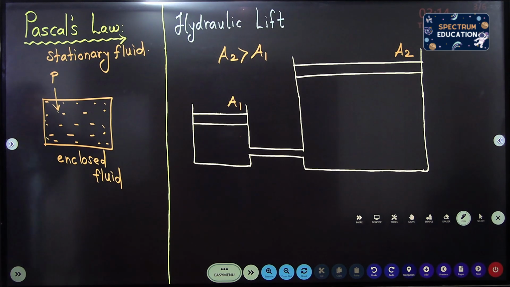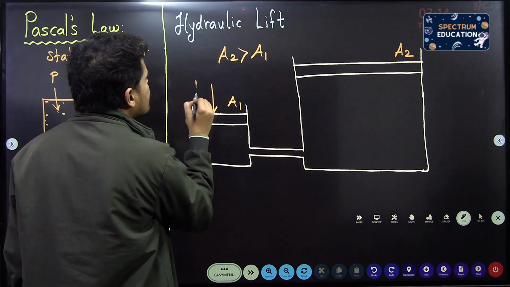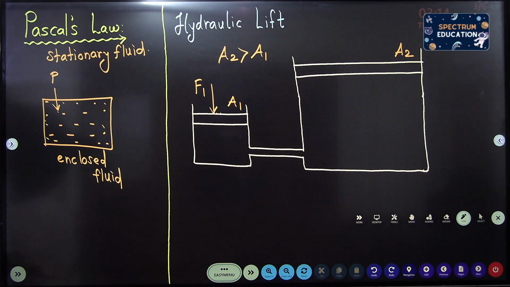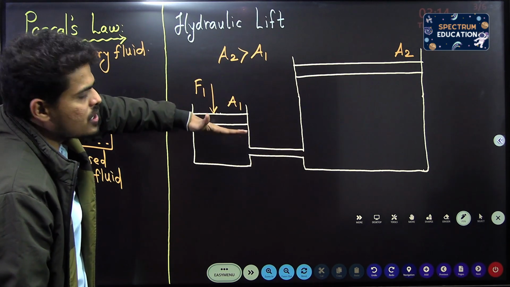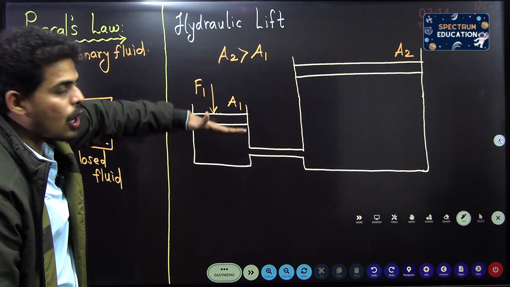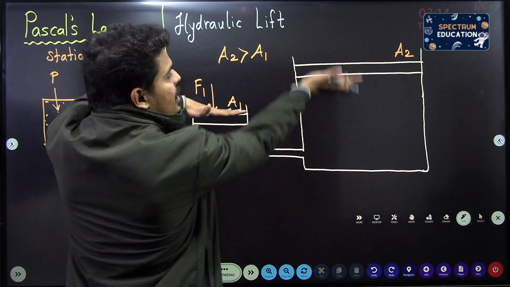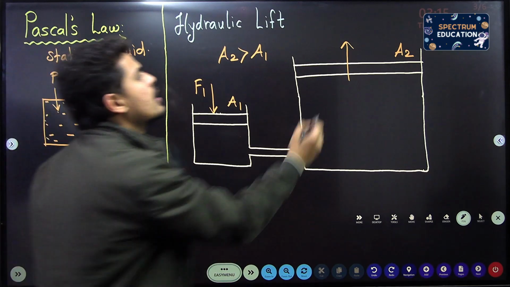Let us consider if we apply force F1 on this first piston, then what will happen? As you know, if we apply force on this piston, this piston goes downwards, some fluid gets transferred to this container, and this container will go up by some force F2.